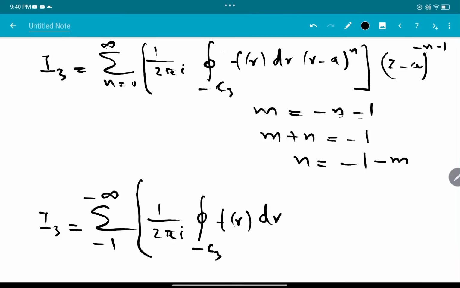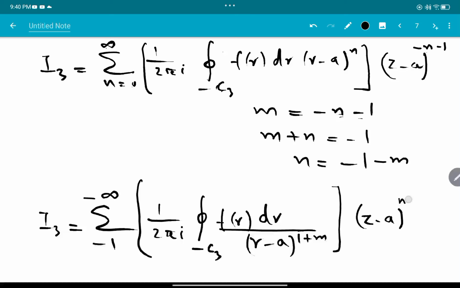Now n is equal to minus 1 minus m, so you will write minus 1 minus m. That will bring it down, and it will be gamma minus a raised to m plus 1. Then I have z minus a raised to m.